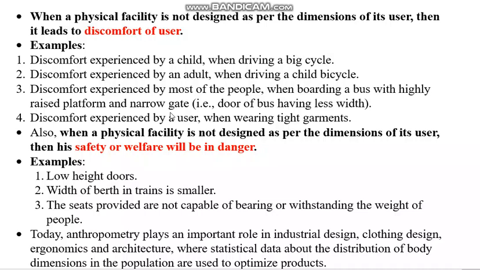Even when you are climbing stairs, a comfortable step height is normally 6 inches. If anything is above 6 inches, we feel discomfort and say, hey, these steps are not made properly. And that too, especially if older people are there, maybe at the age of 50, 60, 70.